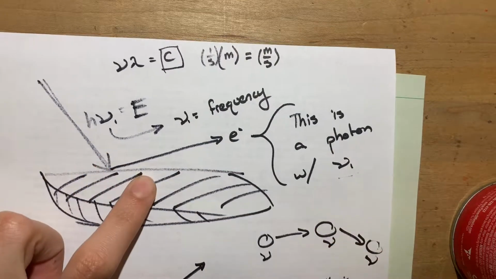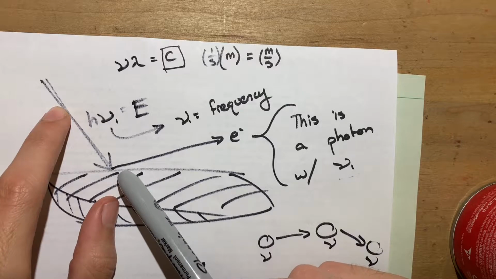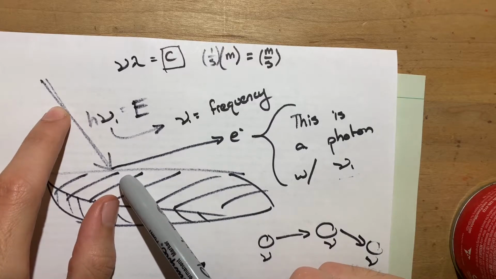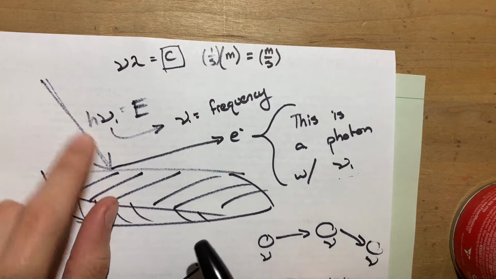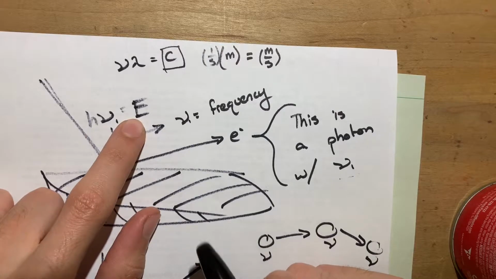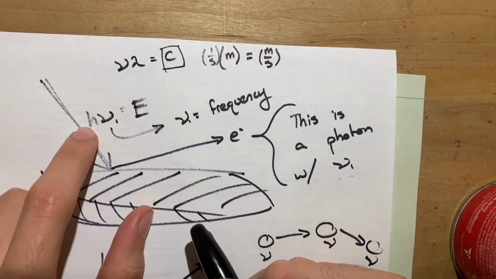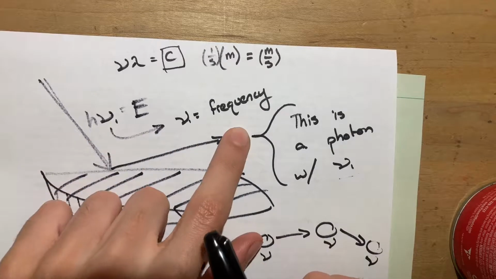What scientists have seen is that in some applications, in this case definitely not photosynthesis, you'll have incident light, aka the incoming light, and that incoming light has a certain energy value, right? And because h is a constant, we know that that energy value is based on the frequency.